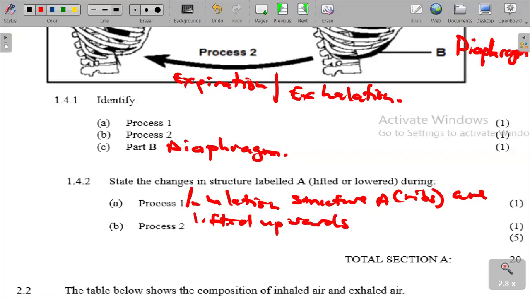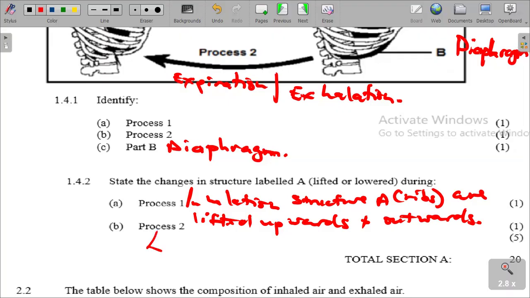That's what happens during inhalation: ribs are lifted upwards and outwards.